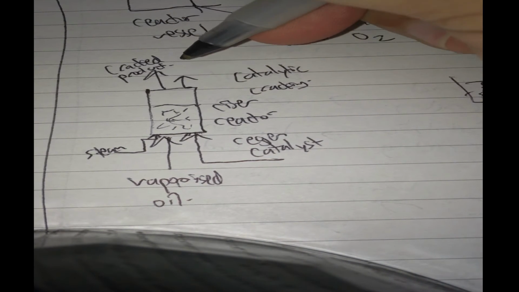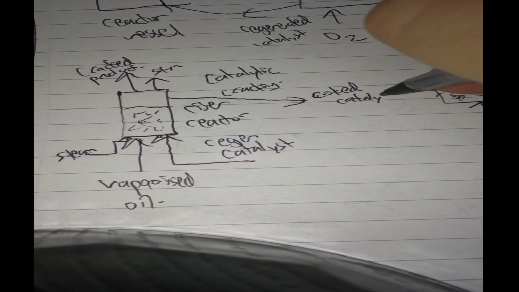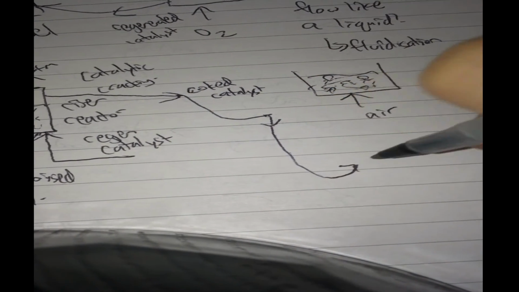Out will come some steam, and the rest will be cooked catalyst with coke on it. What they do, they send it into another reactor known as a regenerator.